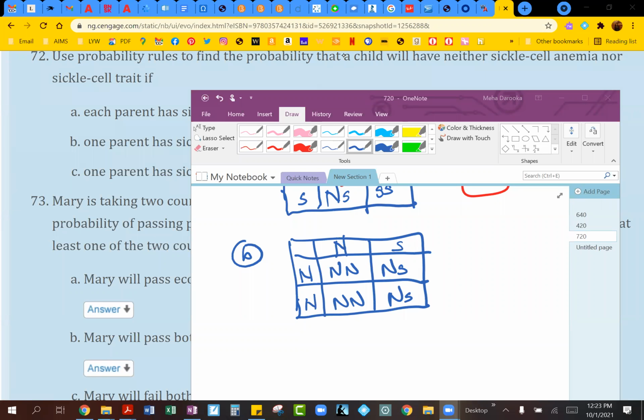So in this case, same probability question. What is the probability that the child has neither sickle cell anemia nor sickle cell trait? So they do not have the disease and they're not a carrier either.